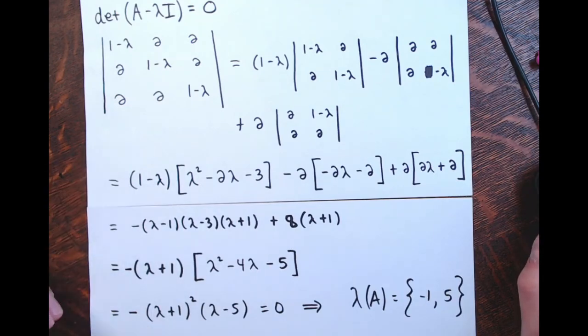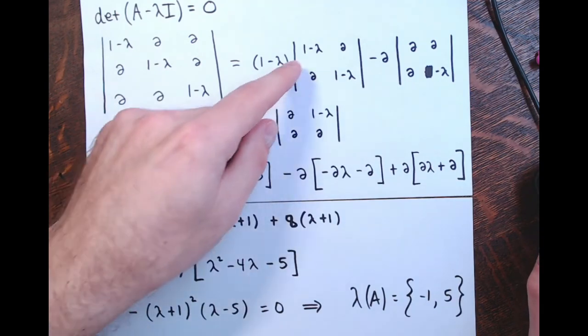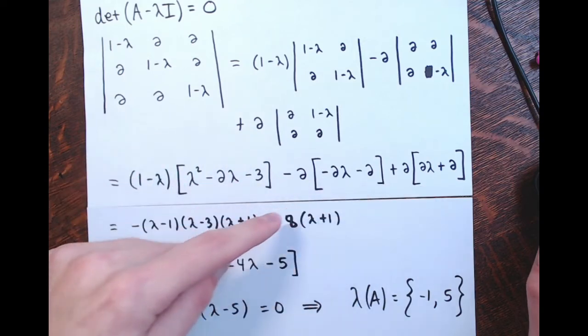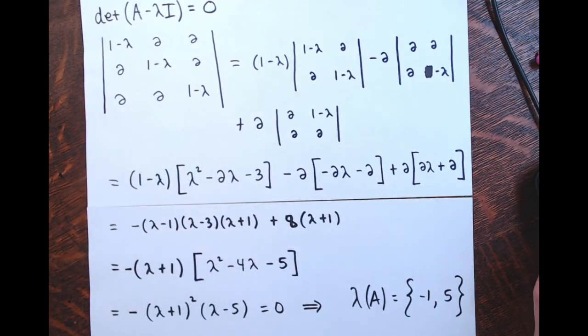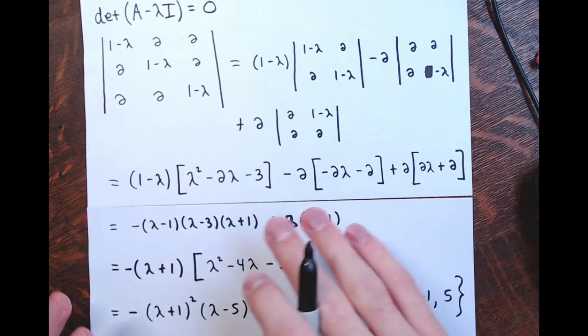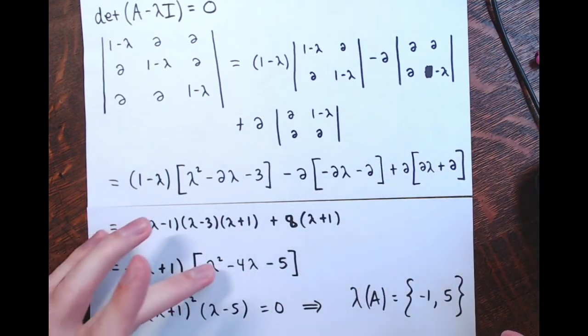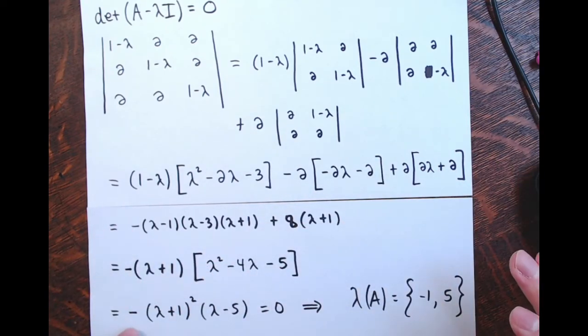Okay, so a lot of writing just popped up on your screen, I'm sure. Went through the determinant, did all this, did a lot of factoring. If you're not following the algebra, take it nice and slow. But eventually you should factor this polynomial to -1 times lambda plus 1 squared times lambda minus 5. And when's that equal to 0?